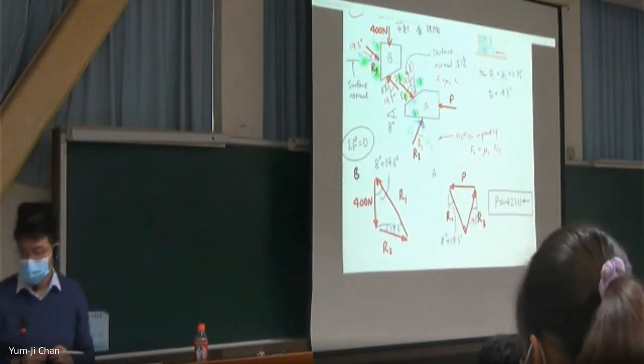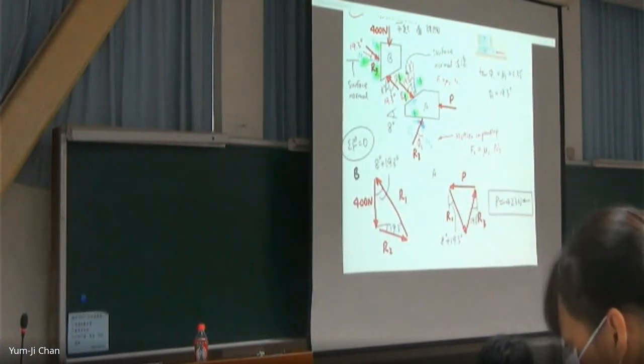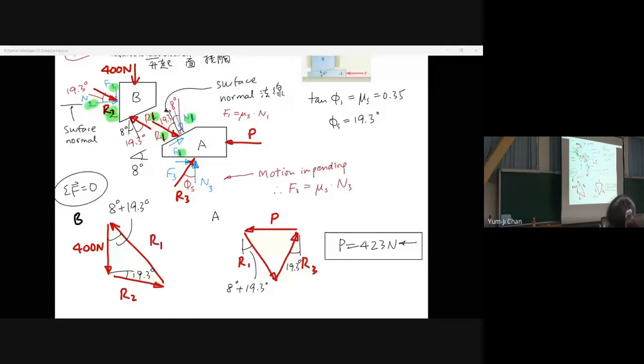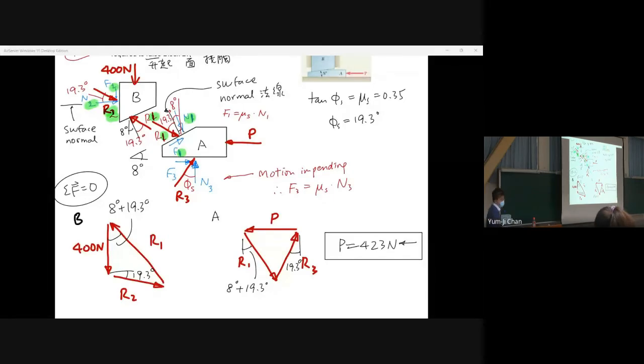Let's take a look. Let's say in another case, B is 400 newtons, and then we add 401 newtons. What happens if I suddenly release my hand?